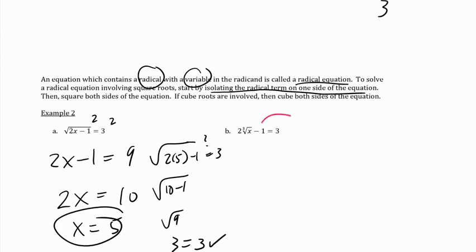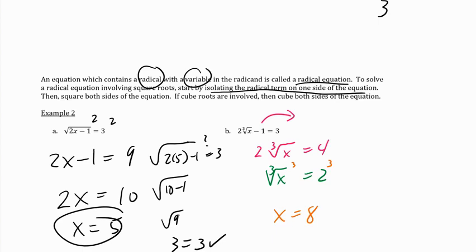On B, the first thing we've got to do is isolate our radical. So I need to add 1 to both sides. So 2 cube roots of x is equal to 4. Divide both sides by 2. And now I'm going to cube both sides. If I cube the left, I cube the right, I get x is equal to 8.